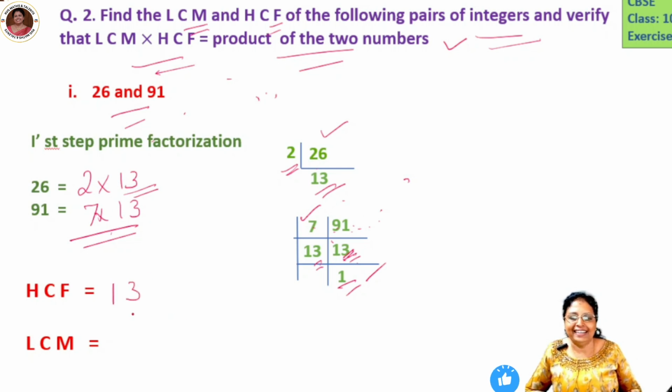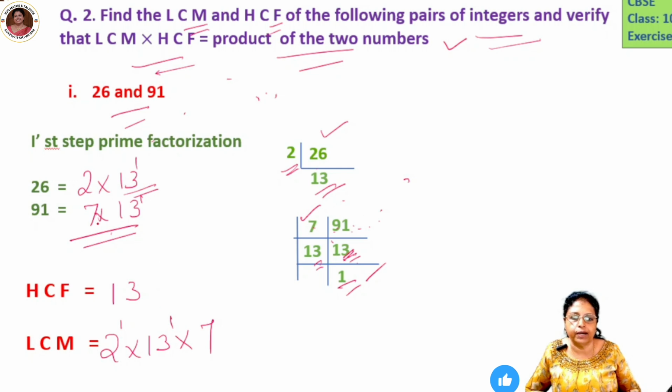Okay. Then what about LCM? How will you find LCM? You list all the prime factors. Okay. First thing is 2 times 13 times 7. Then what is next? Highest powers. You take all the highest powers. Here 2 raised to 1 and 13 raised to 1. Here also 13 raised to 1.